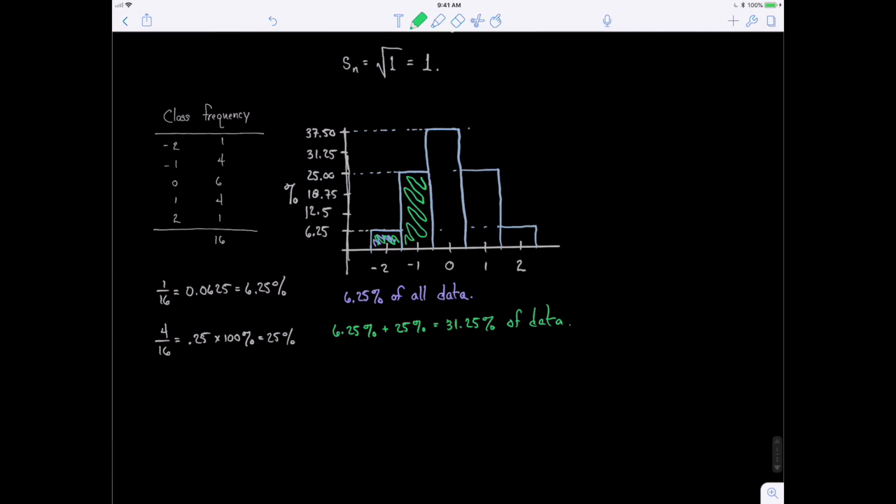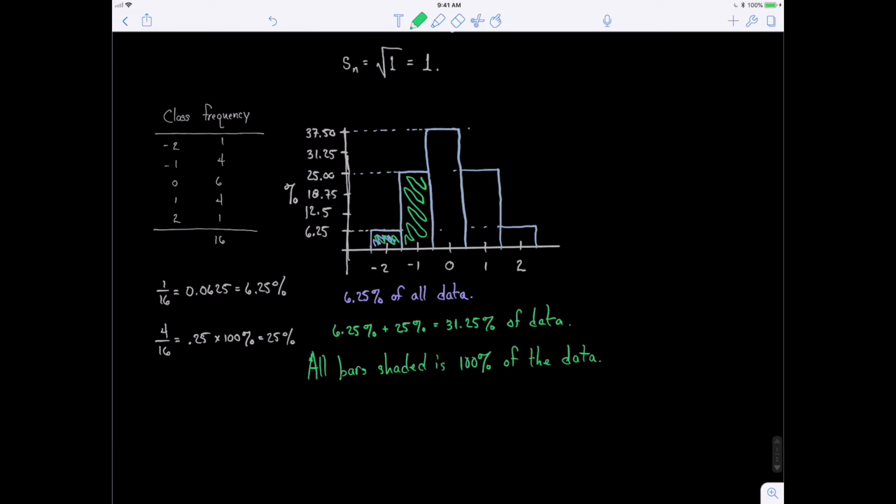And I could continue this process. If I colored all of the bars, so all bars shaded, that is 100% of the data.